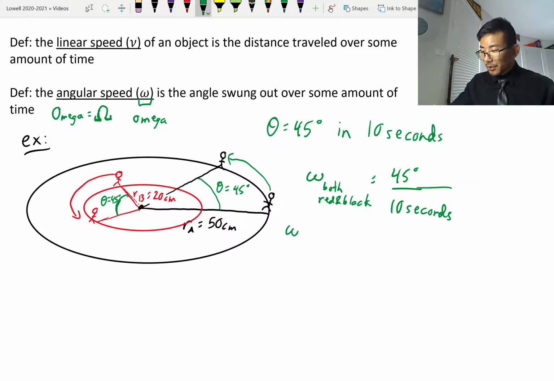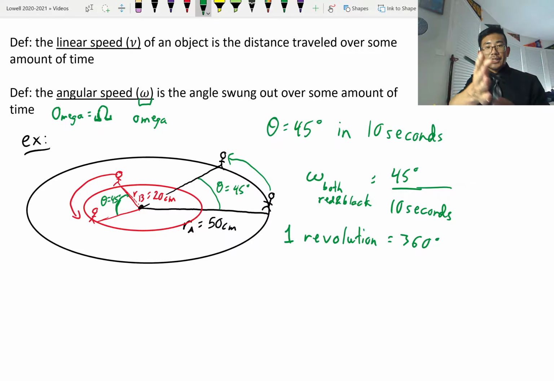There's 45 degrees in this rotation. But one revolution, meaning going all the way around, would be 360 degrees, right? So 360 degrees to get from here all the way back to where you started.